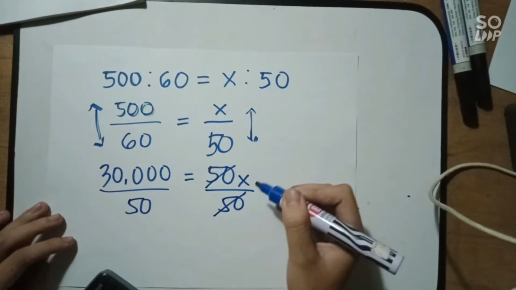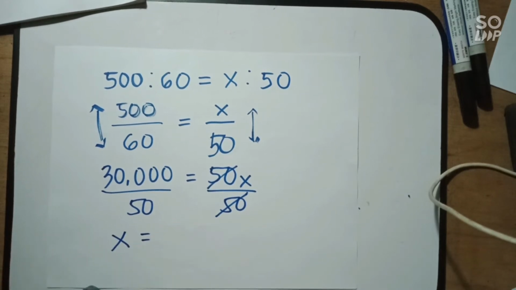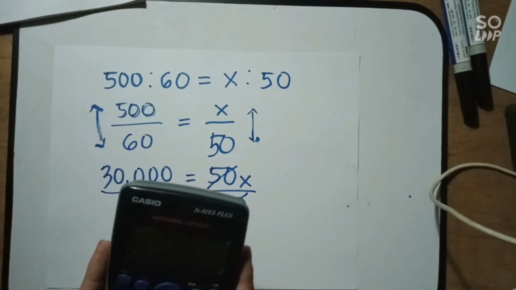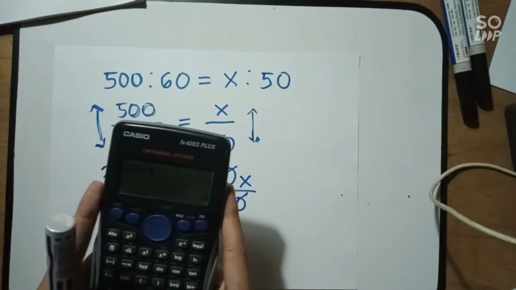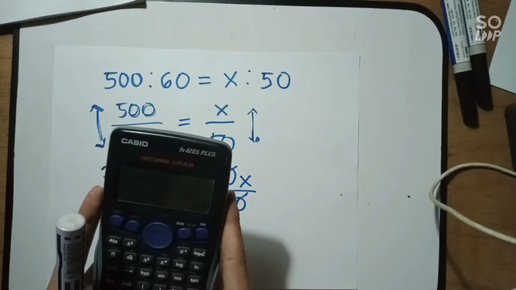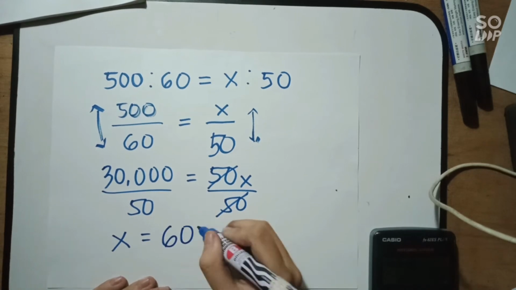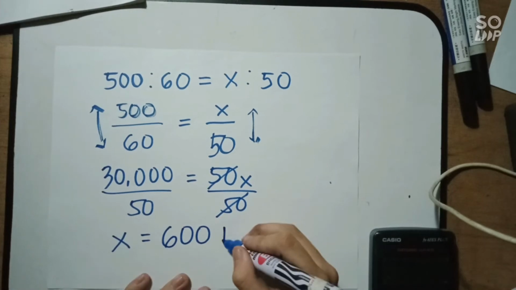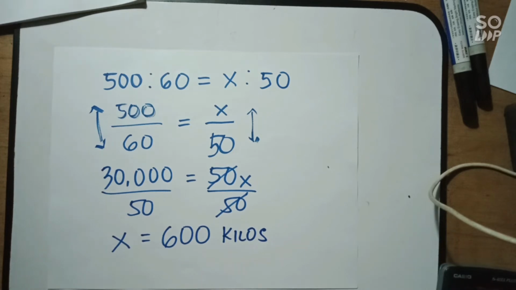So cancel the 50. X is equal to 30,000 divided by 50. Using the calculator, that equals 600. So x is equal to 600. Therefore, 600 kilos of vegetables can be sold at 50 pesos per kilo.